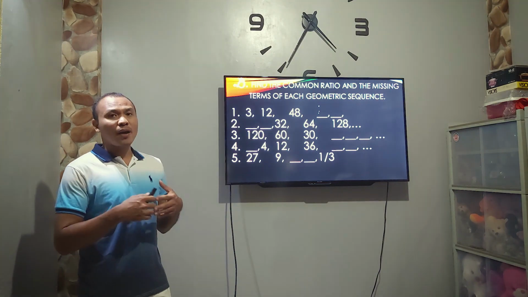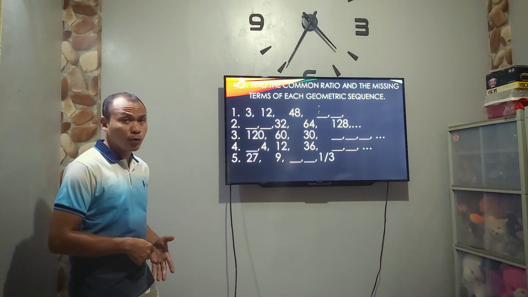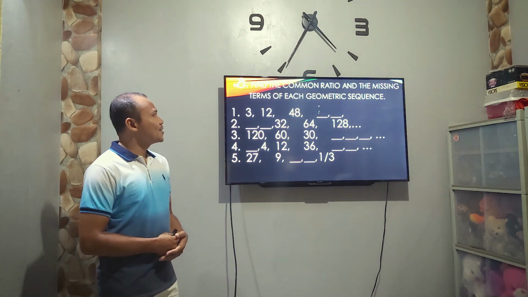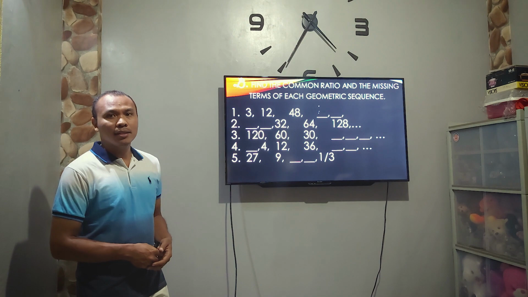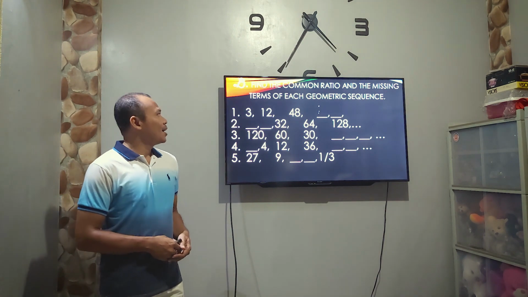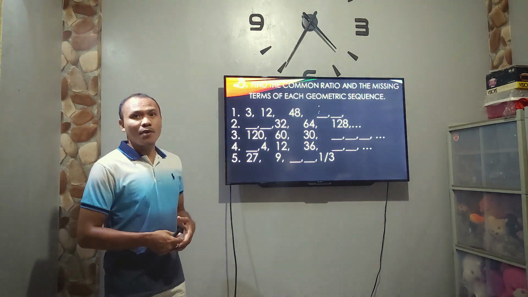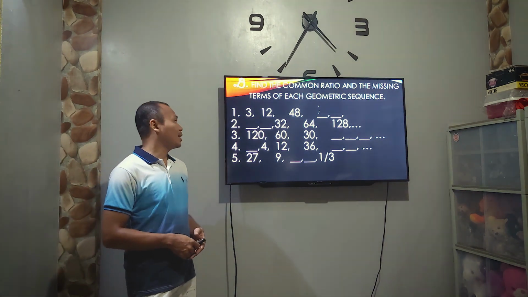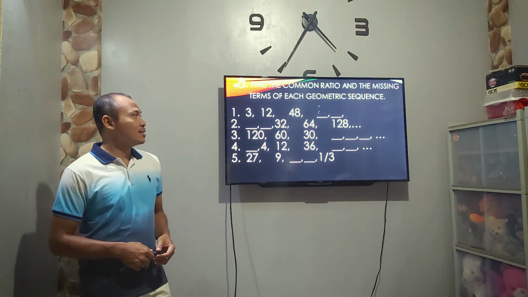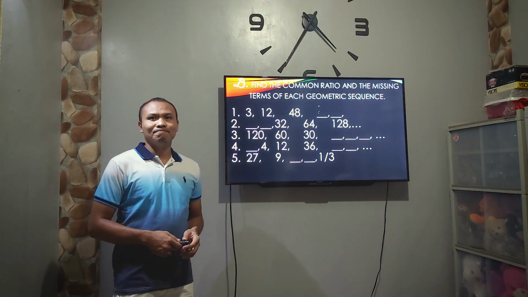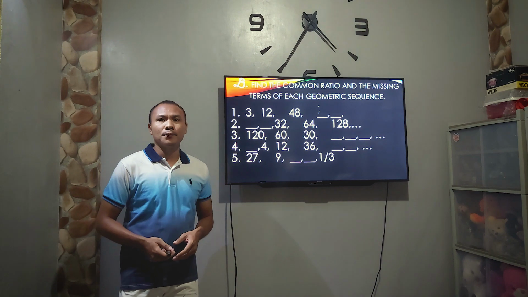So just simply identify the common ratio, and fill in the blanks, the missing numbers in the given sequence. Maybe I could not give an example because it's very easy. Okay, that would be your exercises, and the exercises will be submitted. It will be collected anyway.